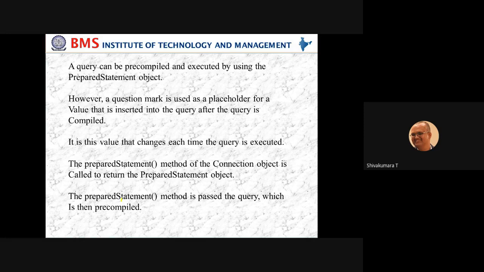The second time, again I need to open the code and type the values. Rather than that, you create a generic, customized query by placing the question mark rather than actual values.